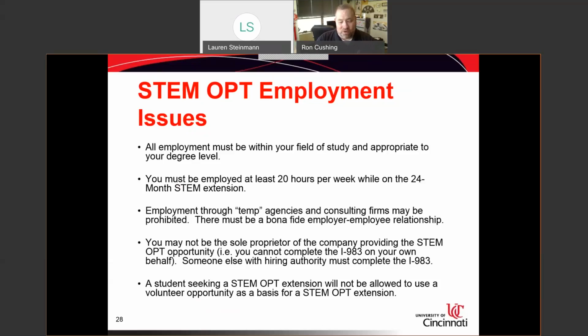When you're on the 12-month OPT period, you can actually be your own boss if you're consulting or doing something like that. But when you want to apply for the STEM extension, you cannot be your own boss. You have to be employed by somebody who's training and evaluating you. You can't complete your own I-983. And again, you cannot volunteer when you're on the STEM OPT extension. You have to be employed.